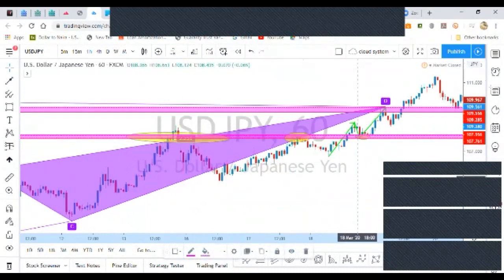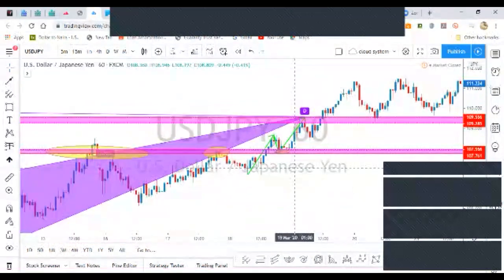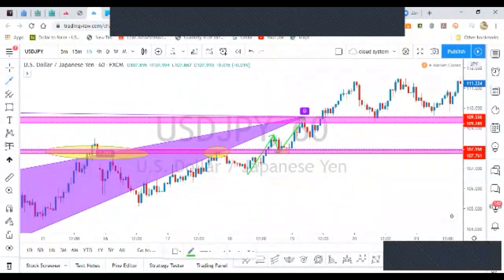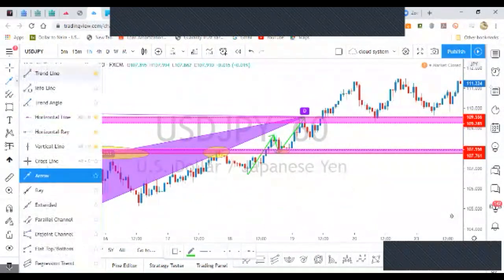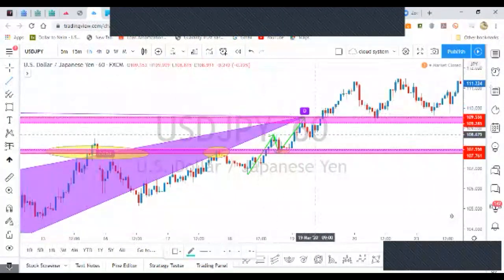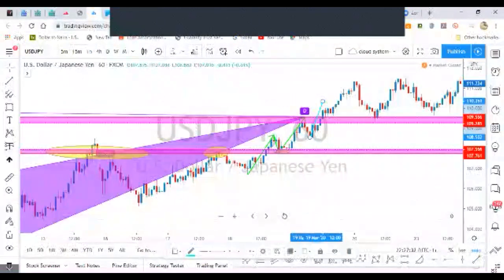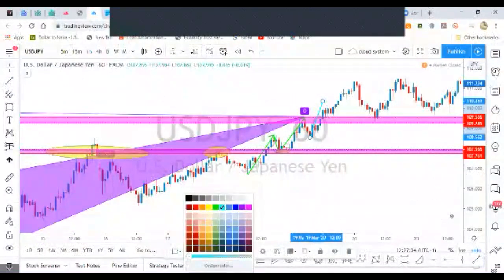Okay. So what I'm now going to wait for after doing this drawing is price needs to move outside the zone. Please, I've seen a lot of people make mistakes on this, and you don't have to make the same mistakes.